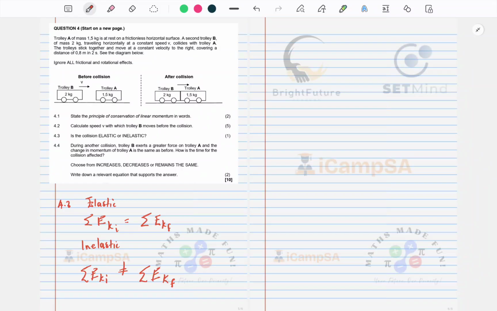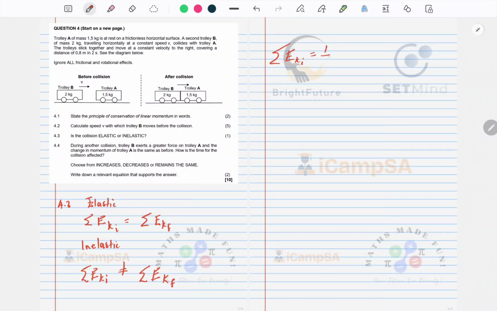So what you can do, if you don't want to confuse yourself, because we've already gotten the velocities, is take these formulas and check if both sides are equal.